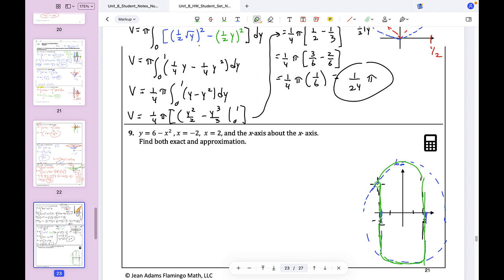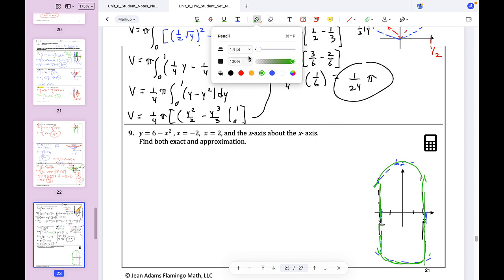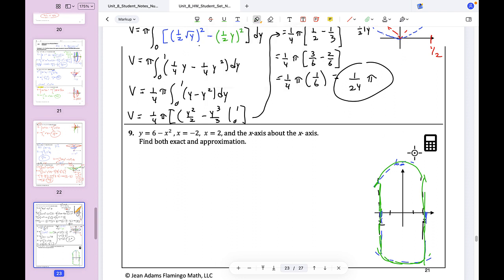It's going to revolve around the x-axis, so basically I'm getting a big gigantic ball with blunt ends. Let me see if I can clean this up a little bit. So I'm getting sort of a shape like this. It's just this shape here.